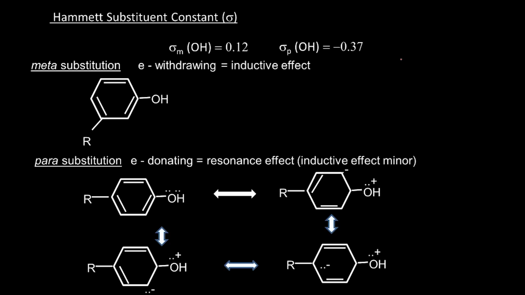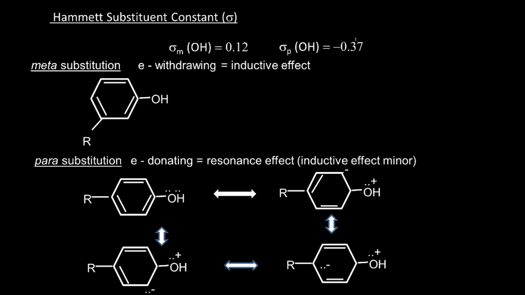When we have an OH type of group, we saw NO2. For meta, sigma m is 0.12, and para is minus 0.37. For meta there is only inductive effect, whereas for the electron donating para, the resonance effect is predominant and the inductive effect is minor. As you can see, the double bond gets shifted, and you have the lone pairs here.